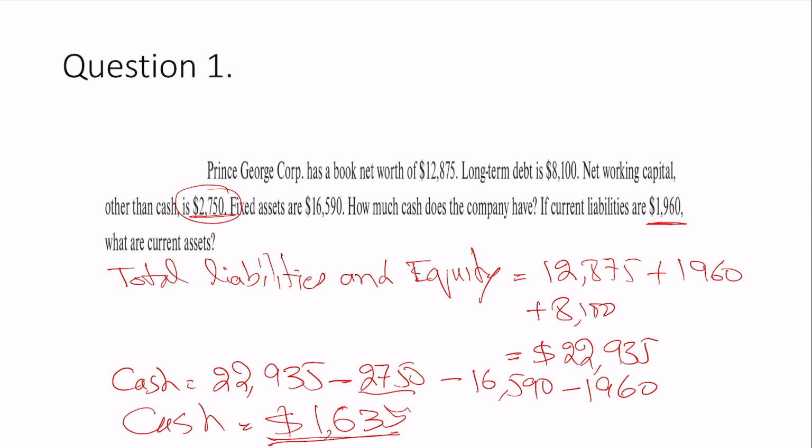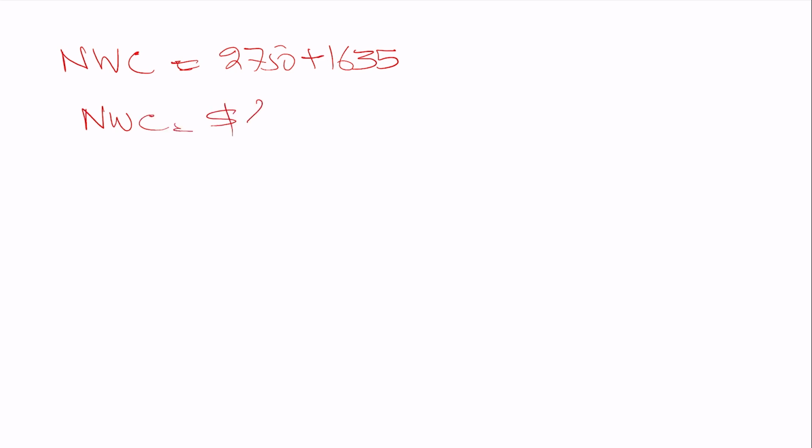Now what else do we want to calculate? We want to calculate what the current assets are. So net working capital is 2,750 plus 1,635, which is $4,385, and we can find total current assets by using the net working capital equation.